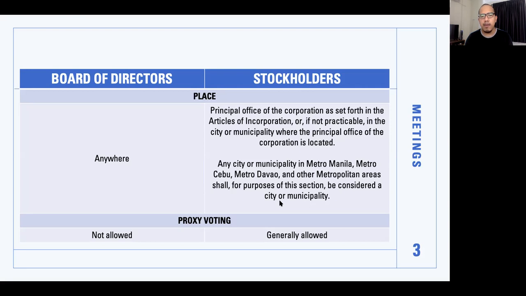But for purposes of the place where the stockholders meeting is conducted, any city or municipality in Metro Manila or in Metro Cebu, or Metro Davao, and other metropolitan areas shall be considered as one city or municipality. So, dami-dami na. For example, Mandaluyong, part yun, or Las Piñas, part pa siya.